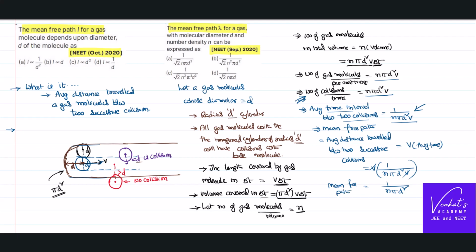But there is a catch in deriving all this. What is that catch? We assumed that all other gas molecules are at rest and only the first gas molecule is moving, only one is moving.